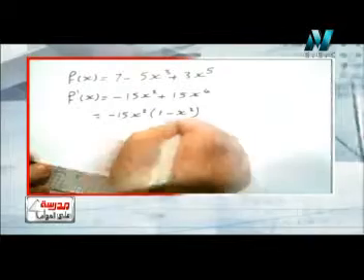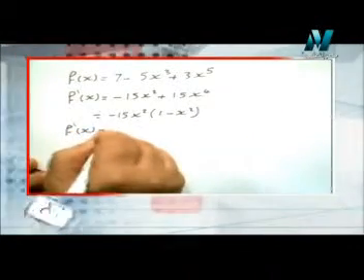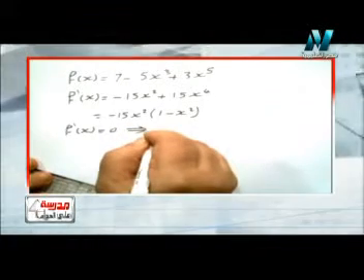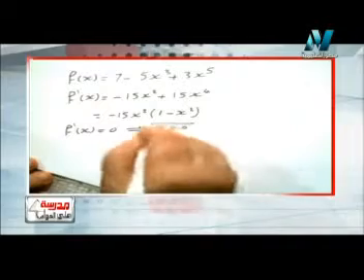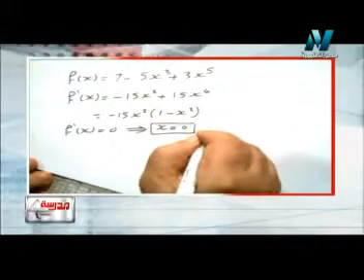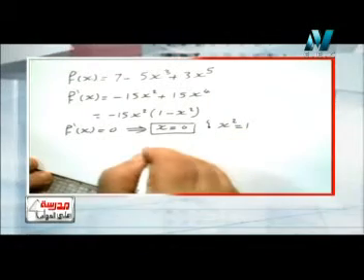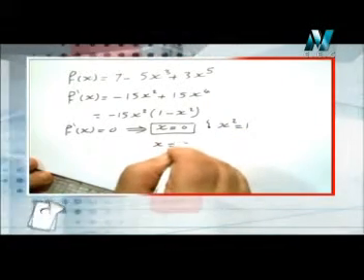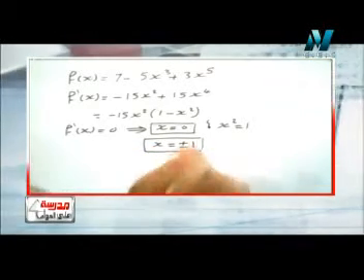Therefore f dash x equals 0 implies that either x square equals 0, then x equals 0, or x square equals 1, from this x equals positive or negative 1. We have 3 points.